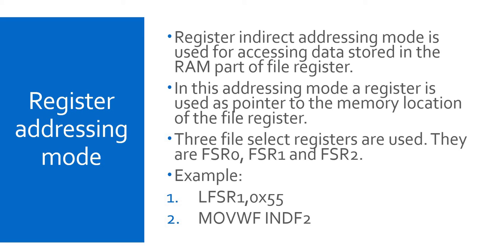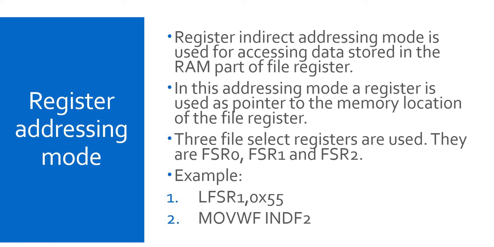So the second example indicates that the movement is from W to F, that is working register to file register. Register addressing mode means you are providing directly the address of that particular register or the name of that particular register. But typically it is applicable only to the file select registers, that is FSR.